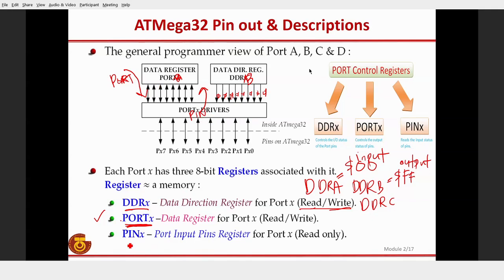So this is pin, this is port. For port we output, we give it as an out. For pin we use it to read. It's the other way around. Pin is used to read. Port is to write, meaning out.